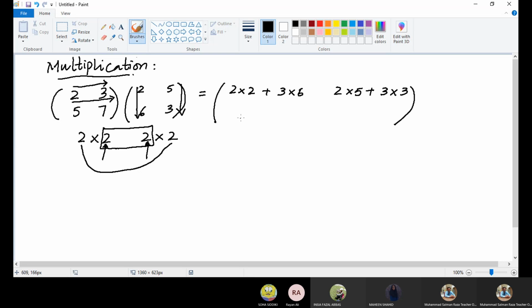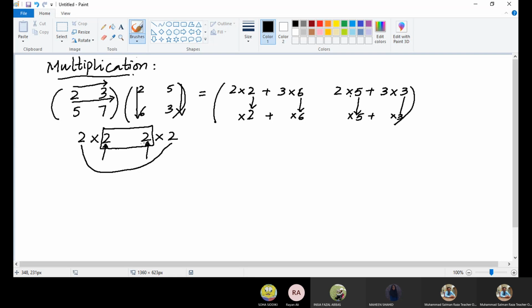And then the smart students do it like this: they write the same 2 over here and the addition sign, and the same 6 after the multiplication sign, and they write the same 5 over here after the multiplication sign, and the same 3 here after the multiplication sign.